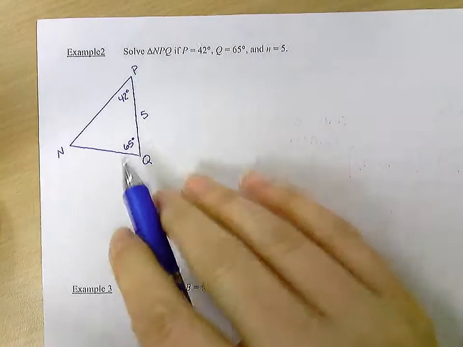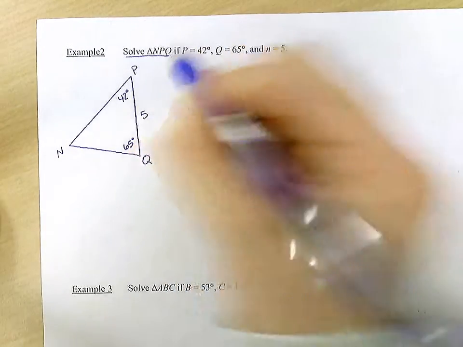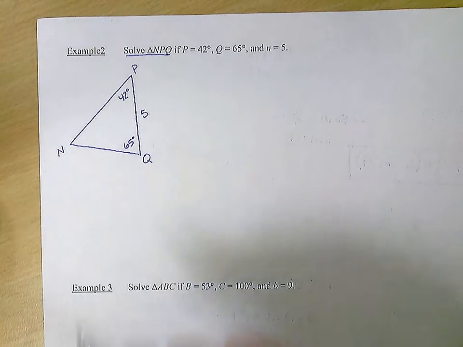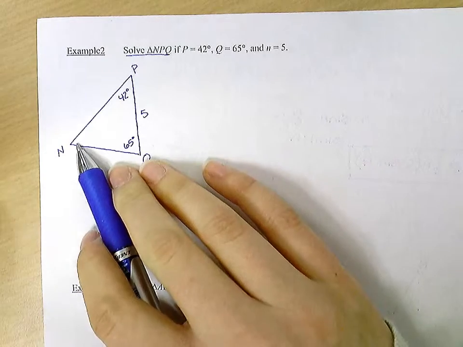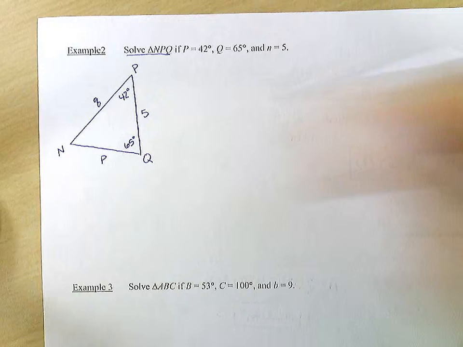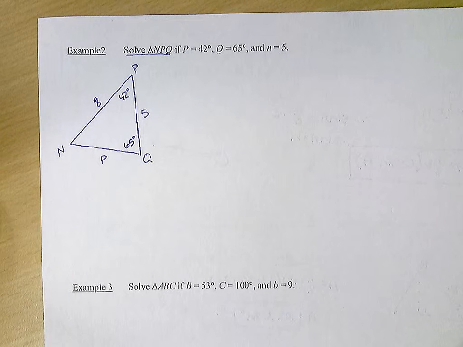So when it says solve a triangle, that means you have to find all of the missing pieces. So I need to find out what angle N is, what side q is here, and what side p is here. First thing I'm going to do is find the remaining angle because that's the easier one to do.